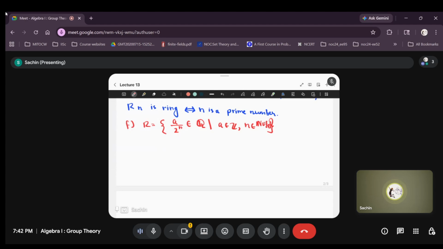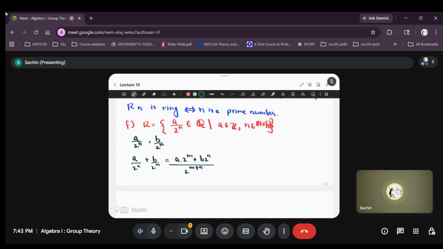Now is this a ring? Suppose I have one number a by 2 to the power m, another number b by 2 to the power n. The sum would be (a·2^n plus b·2^m) by 2^(m plus n). If m and n are whole numbers, m plus n is also a whole number.